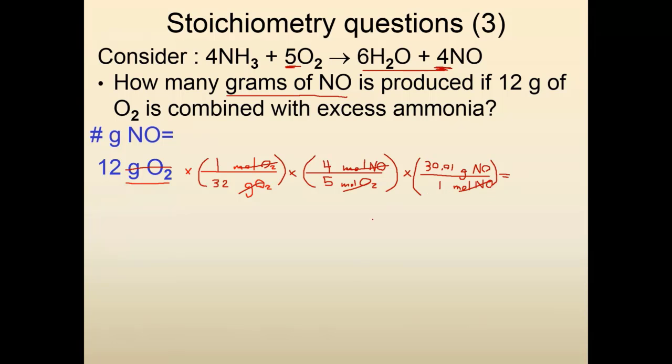So I multiply everything on top and divide by the bottom, and what do I get? Nine. Exactly. 9.0 to be precise, because there's two sig figs to start, so 9.0 grams of NO.